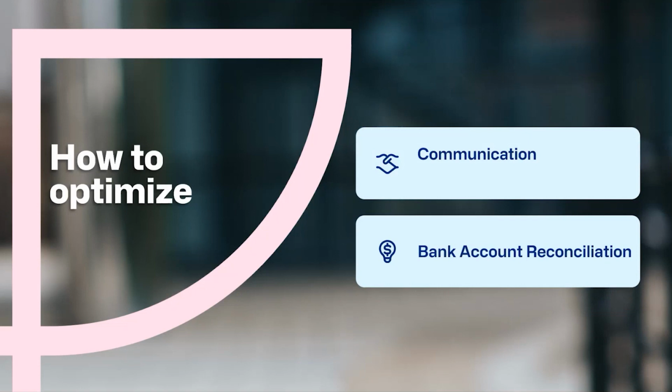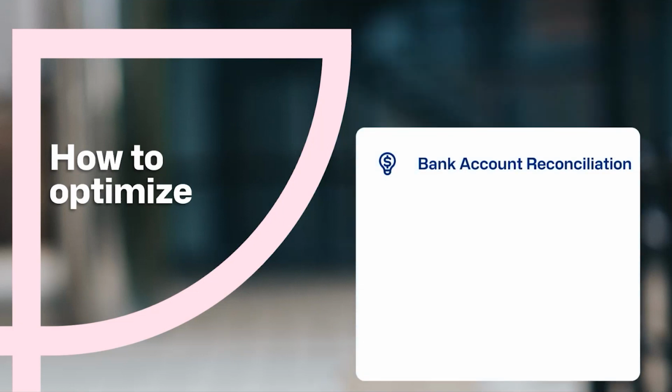If we look at the bank account reconciliation, we have statement intelligence, which is a word that we created to cover the whole bank account reconciliation and the features that we implemented. So statement intelligence is an intelligent layer that we've placed on top of Business Central.